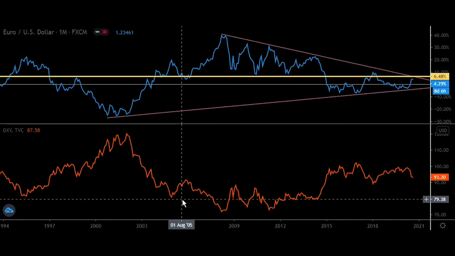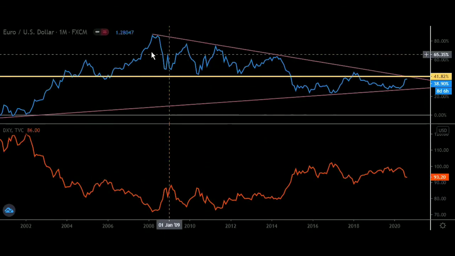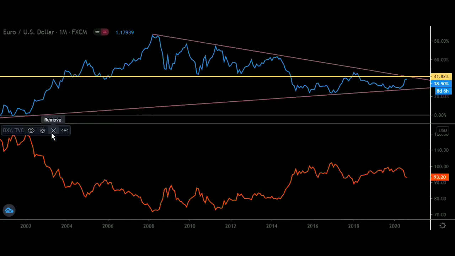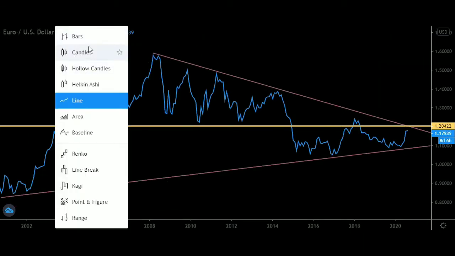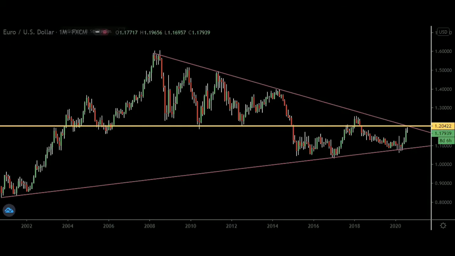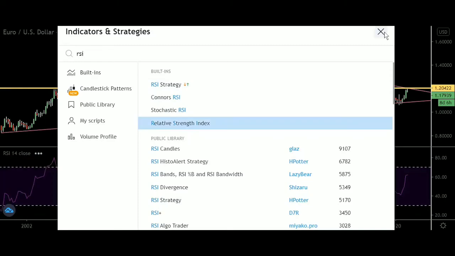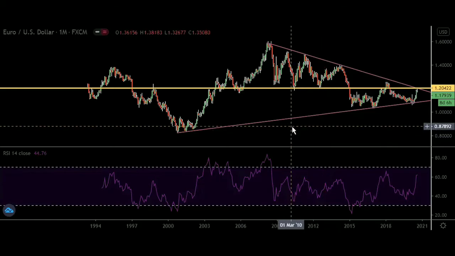So now let me again put the dollar index out of the chart and come back to this Euro USD and make it a candlestick chart, and then again I am trying to put RSI, that is the relative strength index. Now here you see, my friend, that this is the monthly scenario of Euro USD.